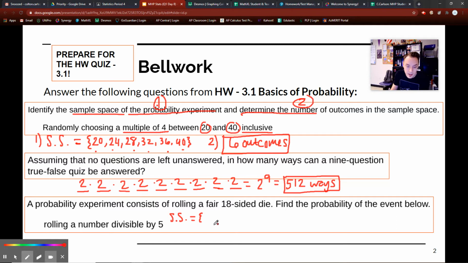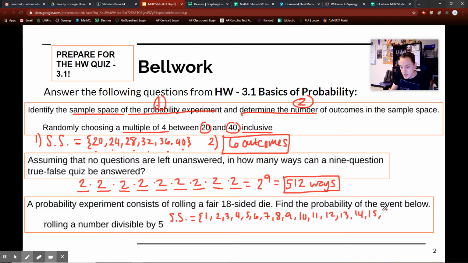My sample space is literally 1, 2, 3, 4, 5, 6, 7, 8, 9, 10, 11, 12, 13, 14, 15, 16, 17, and 18.